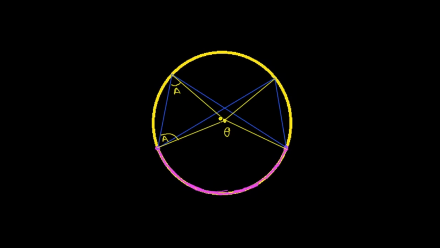And how about this angle here? Well, let's call this angle C. So this is angle C. Now let's look at this triangle here, this one. Again, this side and this side are the radius of this circle, so they should have equal length. That means this triangle here is also an isosceles triangle.